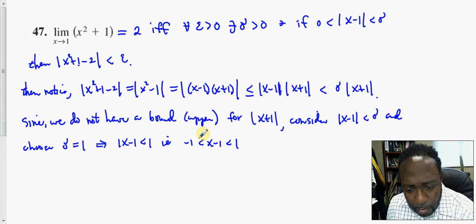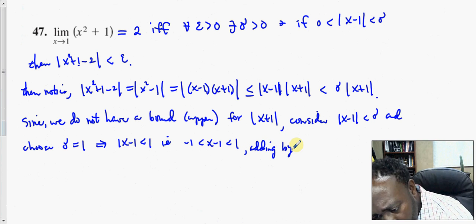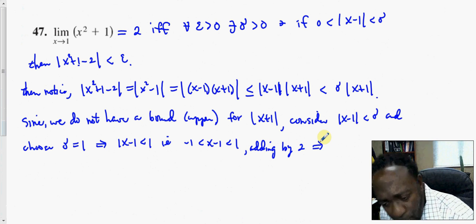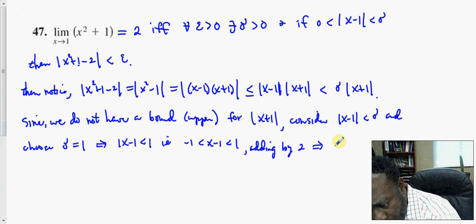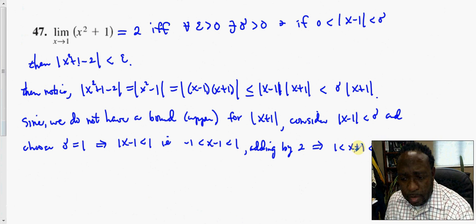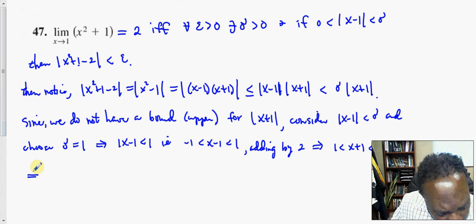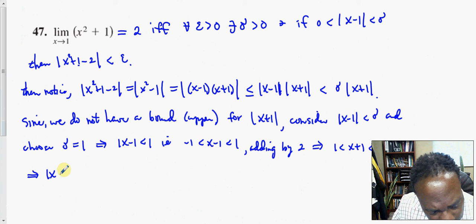Adding 2 implies that we have 1 is less than x minus 1 plus 2, which is x plus 1, and that's less than 1 plus 2, which is 3. So I have an upper bound for x plus 1, that's going to be 3. So this implies that the absolute value of x plus 1 can be bounded above by 3.